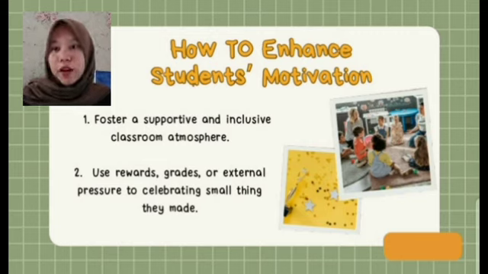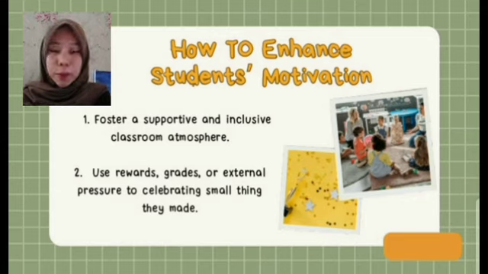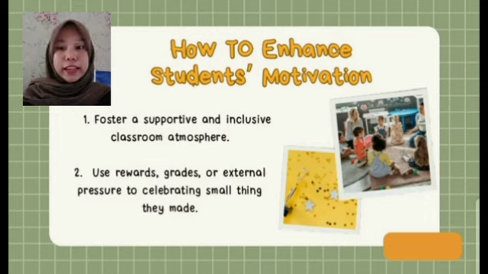A supportive and inclusive learning environment can contribute to a student's mental well-being by providing a safe space where they feel comfortable sharing their thoughts and ideas with teachers. It can build a good relationship between students and teachers, leading to better communication where students feel comfortable expressing themselves and making mistakes.